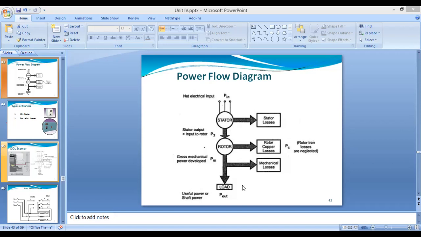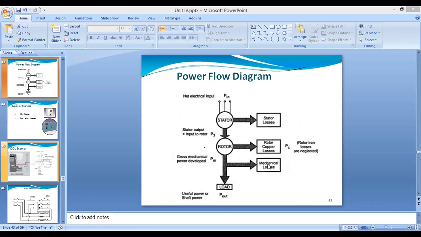Here again, you can see everything is divided. P in is divided into P2 and stator losses. P2 is divided into PCU and PM. PM is again divided into PML and P out. So you can take P out equal to PM minus PML. PM is the gross mechanical power developed at the output of the rotor, and the mechanical losses are because of friction and windage losses.